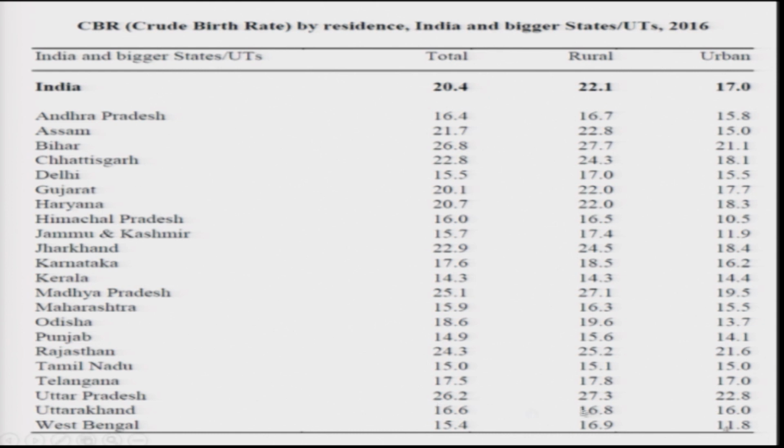Similarly, in Uttar Pradesh, rural areas have 27.3, urban areas are 22.8. So, urban fertility from this point of view, using this measure of fertility, is lower than the rural fertility even in high fertility states like Bihar and UP.